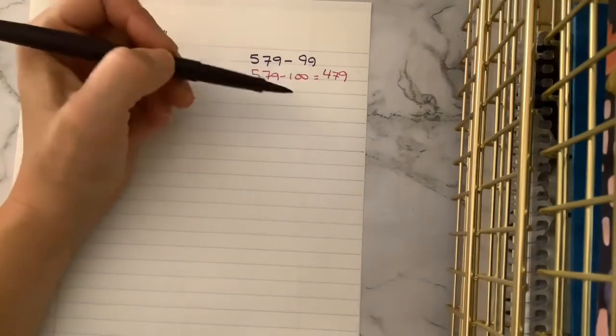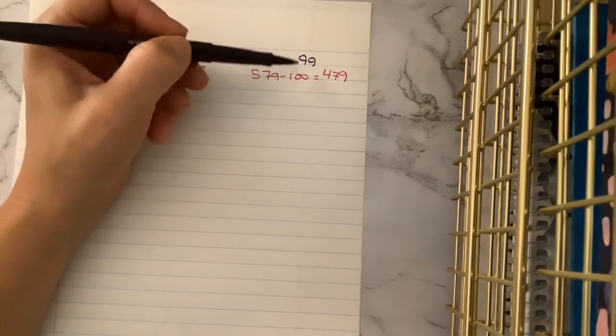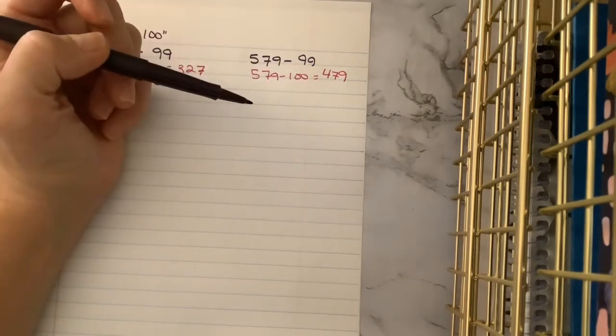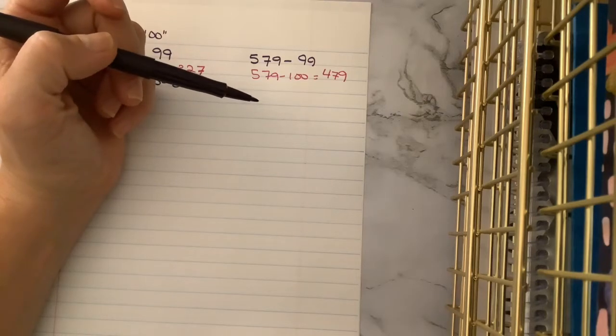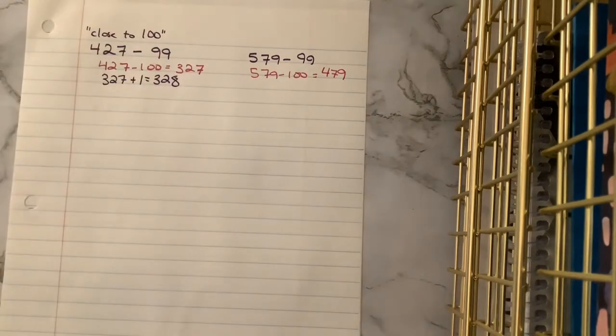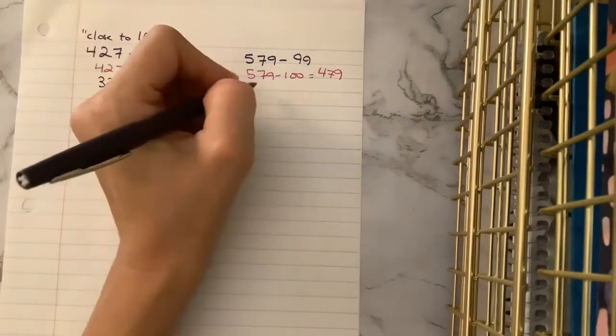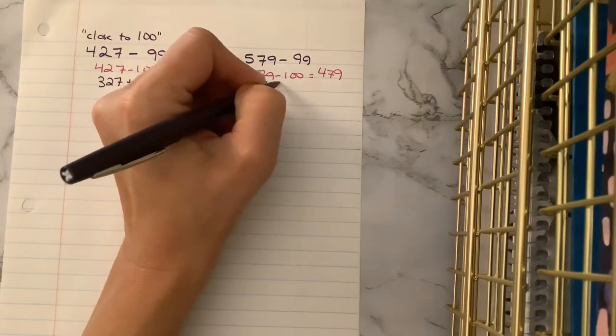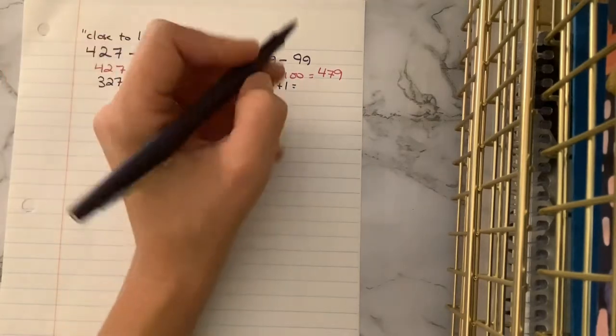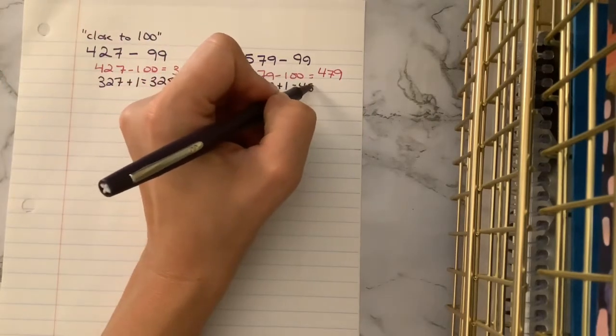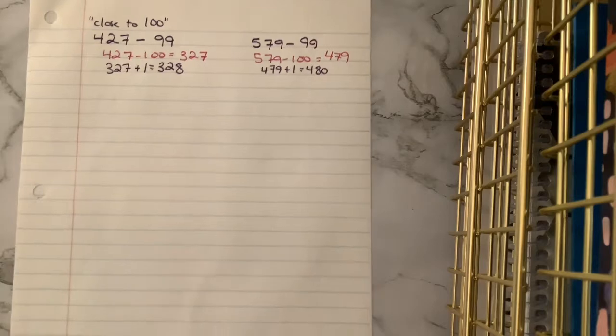But again, we weren't asked to take away 100, we were asked to take away 99. So we took away 1 too many. If we take away 1 too many, that means we've made our answer smaller than it should be by 1. So to find the correct answer, we need to add 1 back. So our answer should be 480.